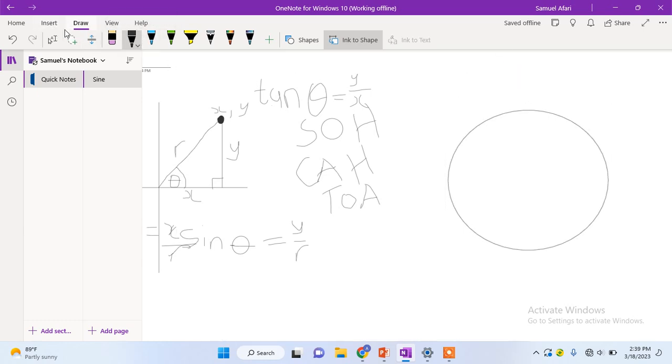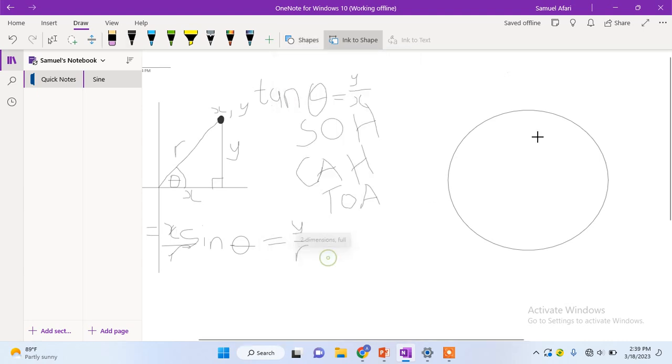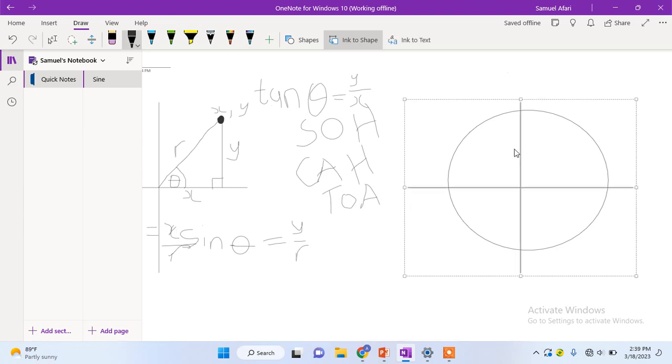So in a situation where we divide this circle into four equal parts, let me see if I can get the parts to be equal. So let's assume these are four equal parts.